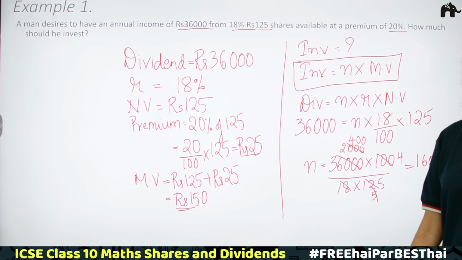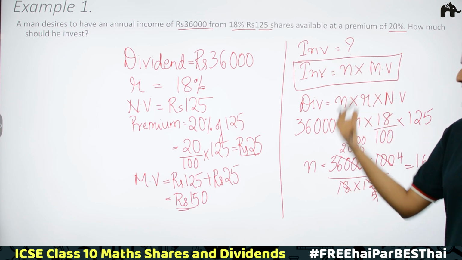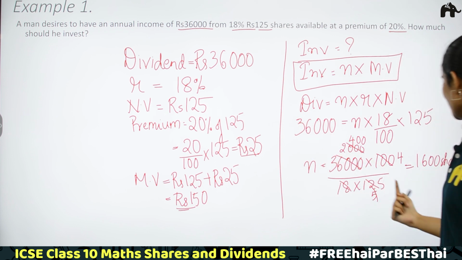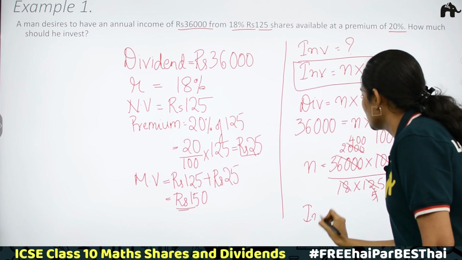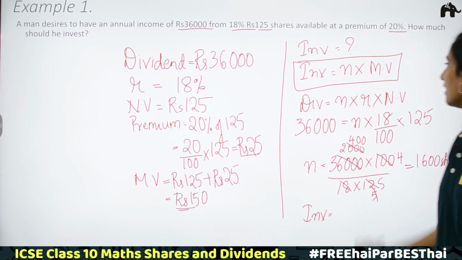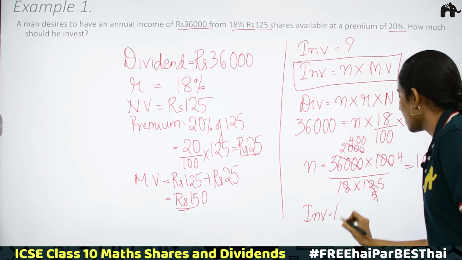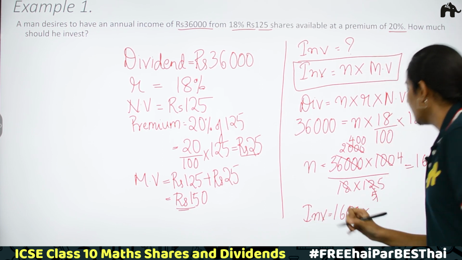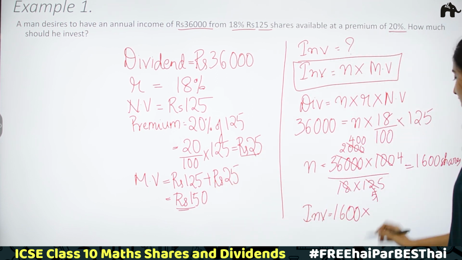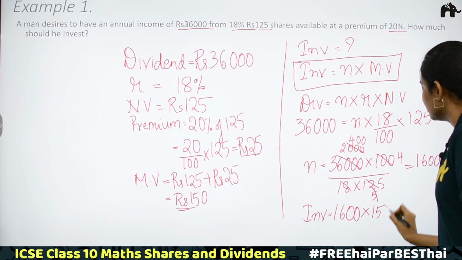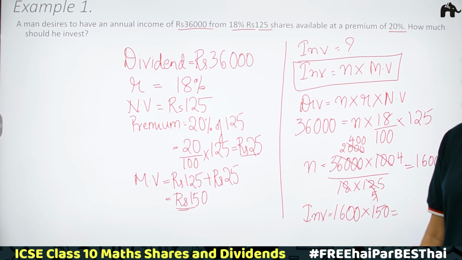So, we got the number of shares. Now, we can easily find the investment. We have the market value and the number of shares. Investment is equal to number of shares 1600 into rupees 150. What is the final answer?